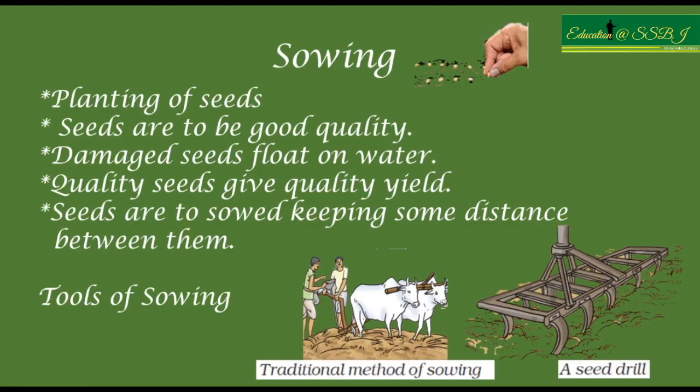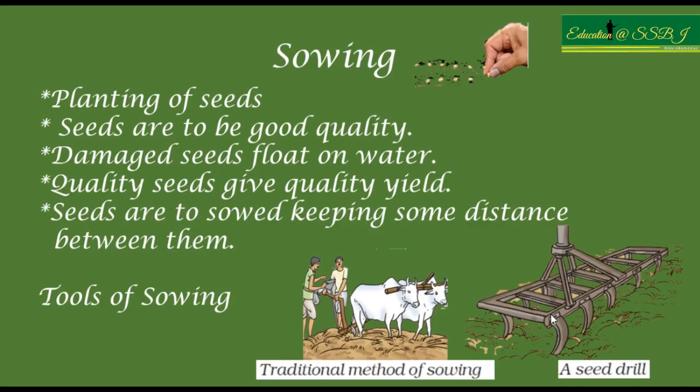And then we have seen the tools of sowing. Traditionally, a funnel was used where the funnel was connected to a long pipe which is pierced into the soil. And nowadays they use a seed drill.